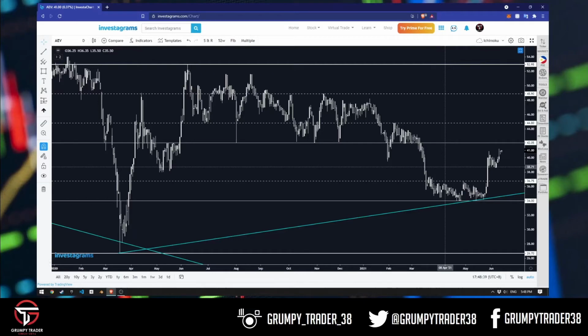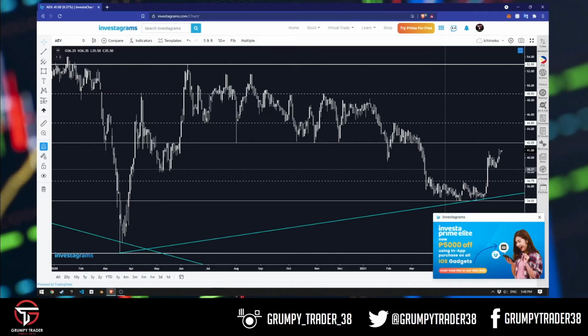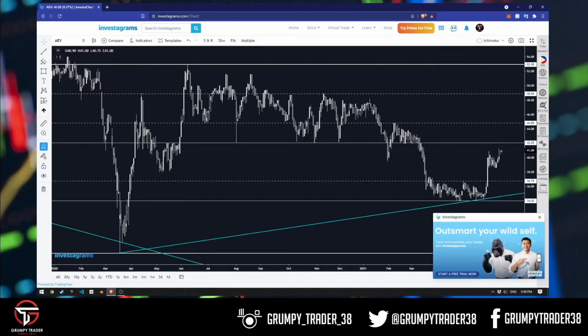Now, having dynamic support and resistance, which is essentially what MAs are or other indicators are, diba? Kasi dynamic in the sense na they move as the chart moves. Diba? They're lagging indicators because they're reliant on what price is currently doing to be able to print what is essentially late data.